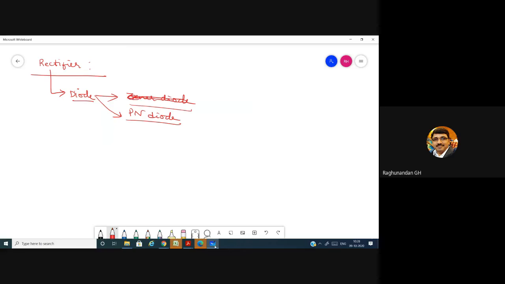Zener diode will be used in, where do we use Zener diode? In regulators, voltage regulation. So a normal diode we are going to use.